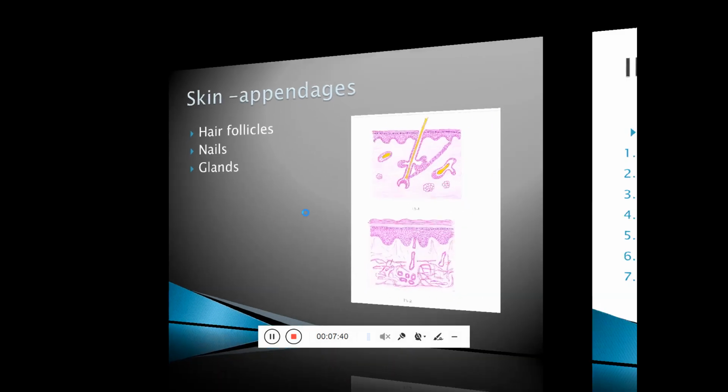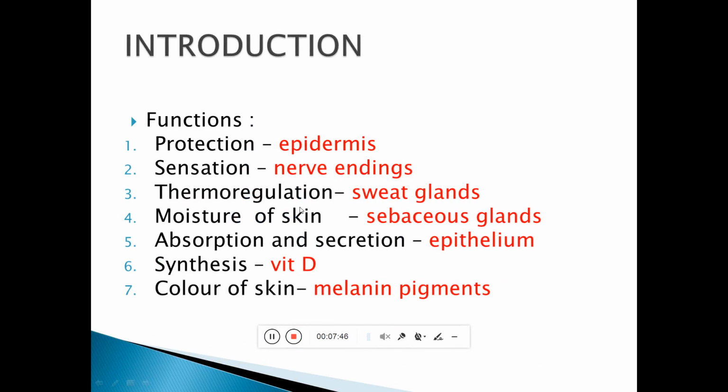The deepest part, where neurons and blood vessels are present, is known as the hair papilla. It is the living part. From here the hair growth is continuous, and the outside part is known as the shaft.